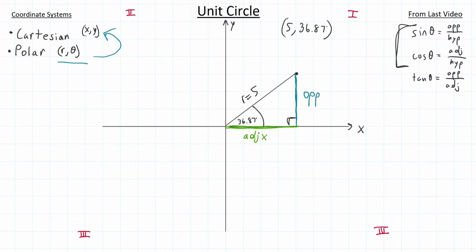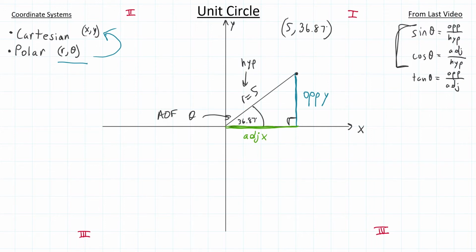So we'll call that the opposite y. So the y coordinate is the opposite, the x coordinate is the adjacent. Our r, that's our hypotenuse, and of course our angle theta, that's our angle of focus we've been talking about in the previous 3 videos.